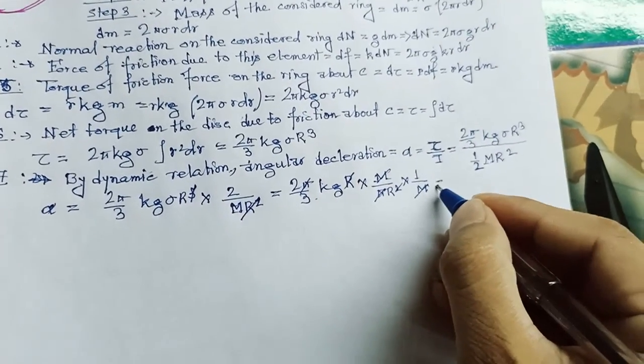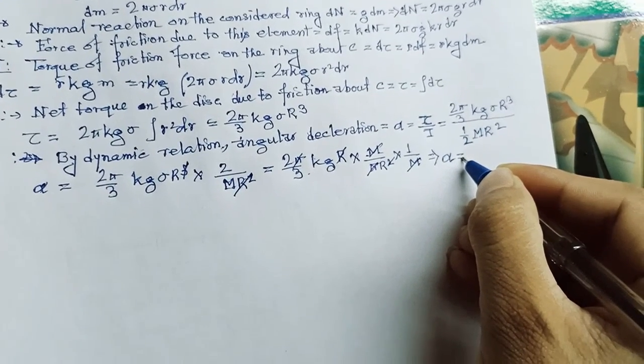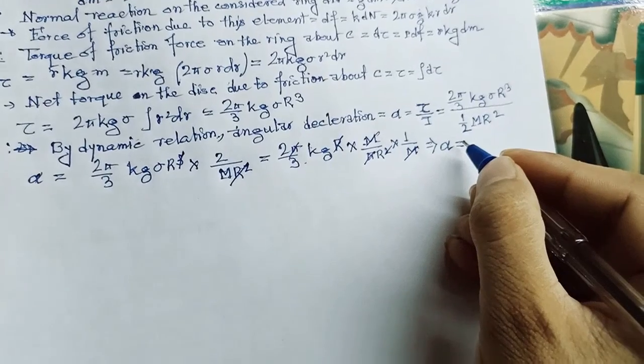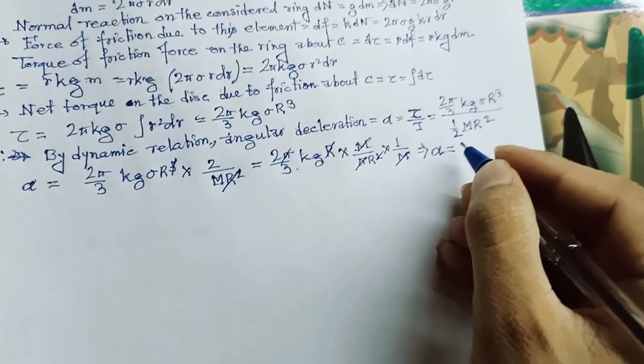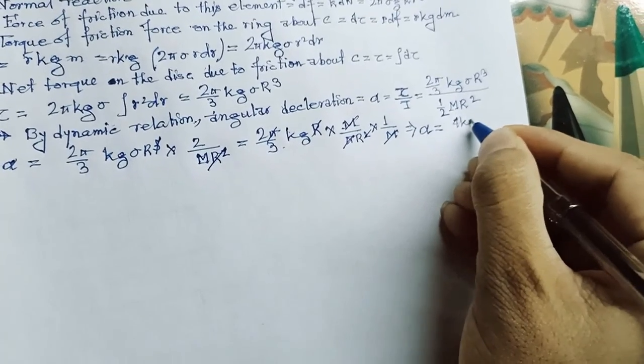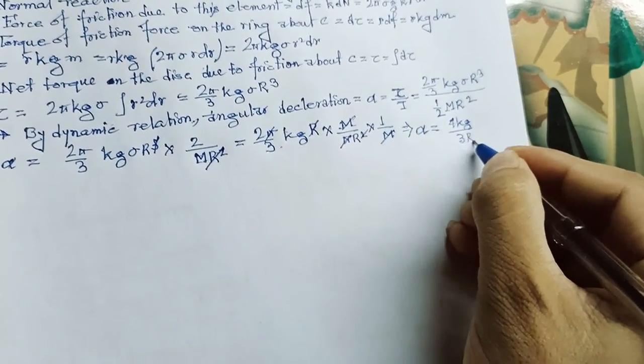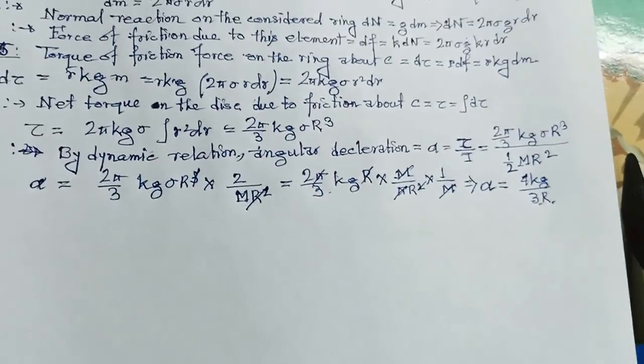So our net value of alpha will be 4 k g divided by 3 r. So this is our net value of angular deceleration.